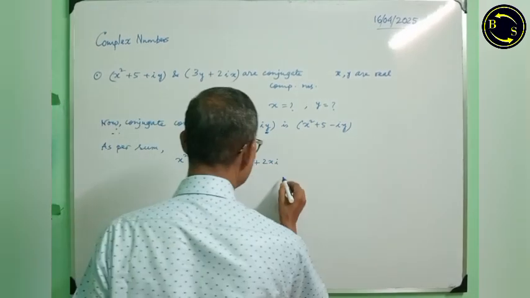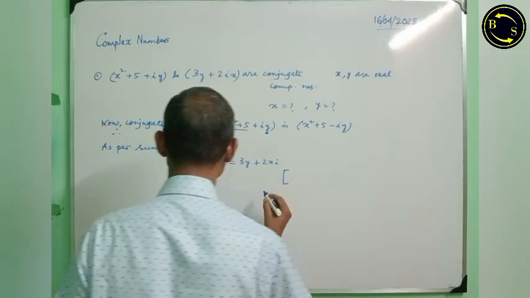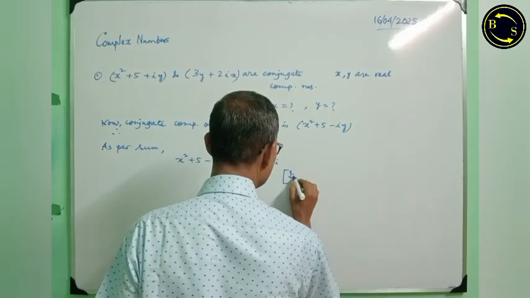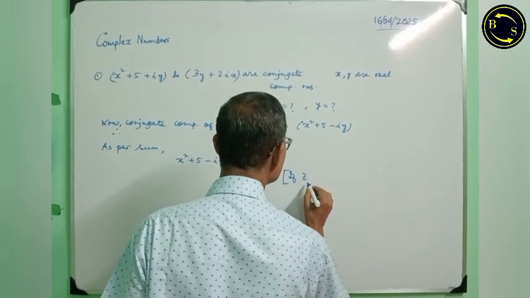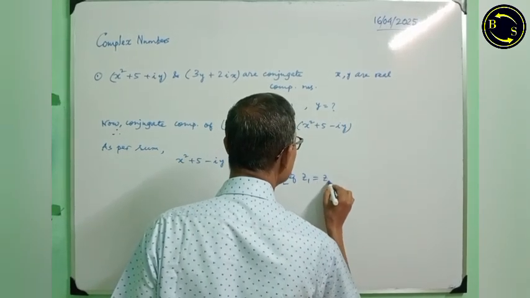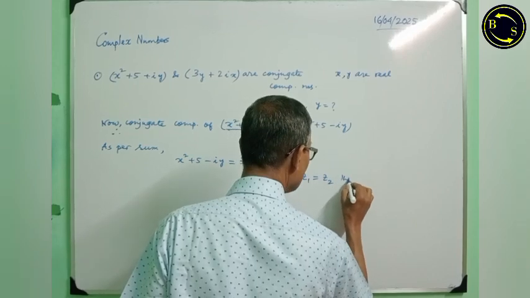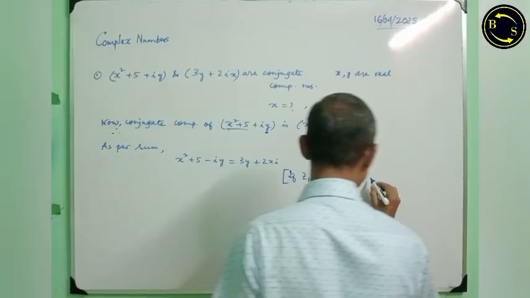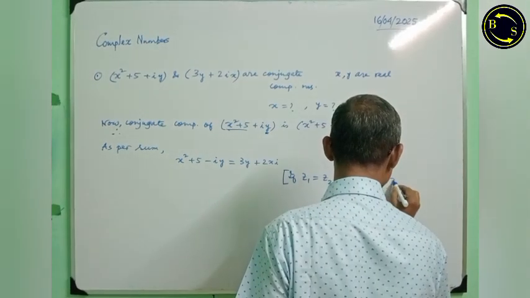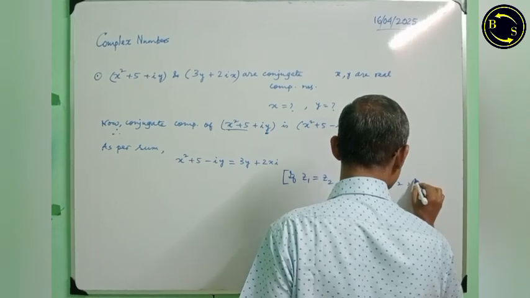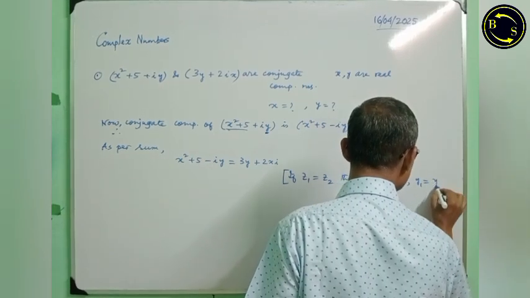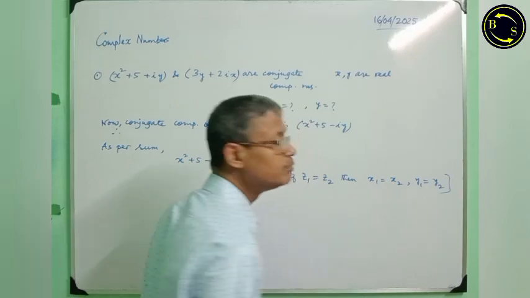Now we have learned already, if z1 equal to z2, then real part will be equal to real part, imaginary part will be equal to imaginary part.